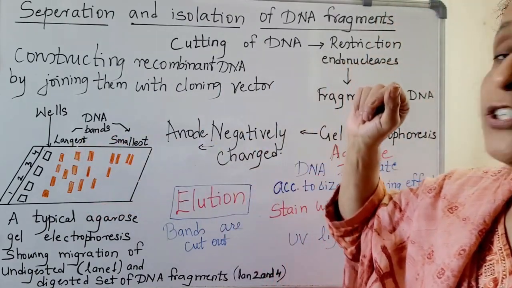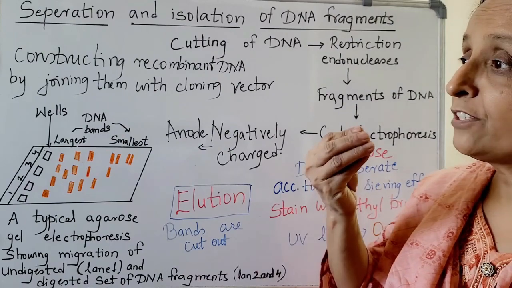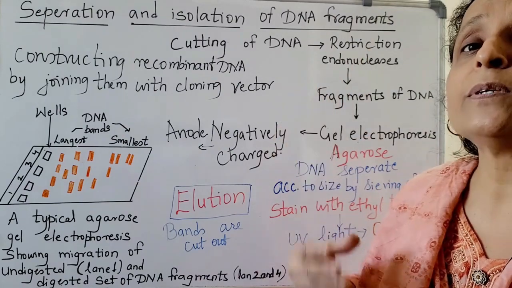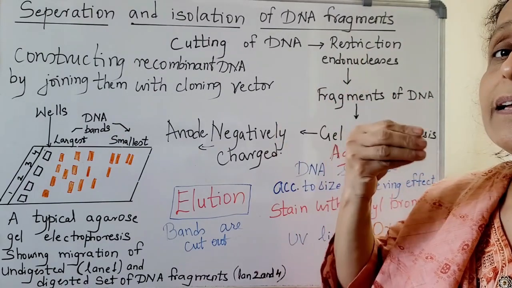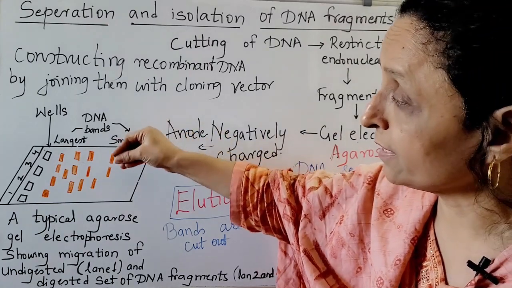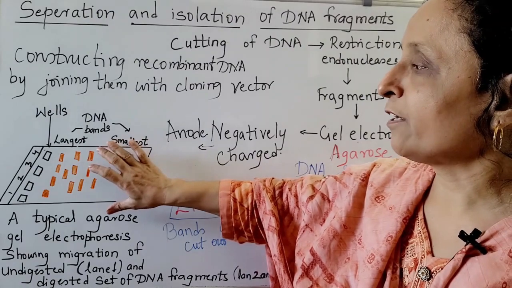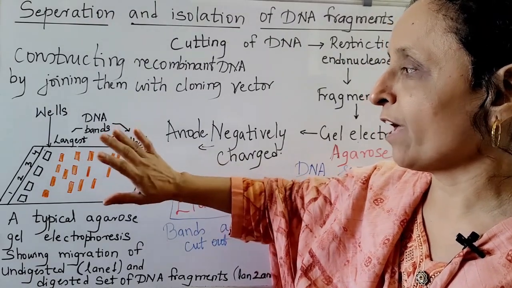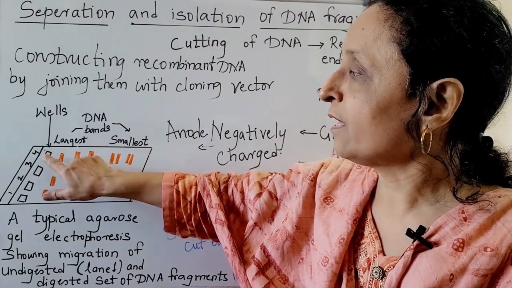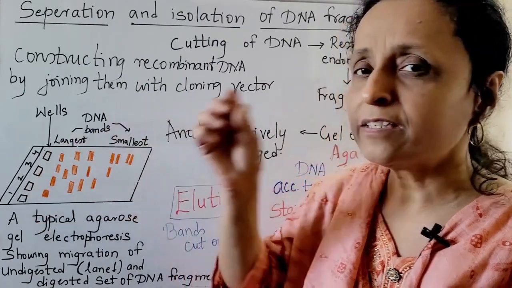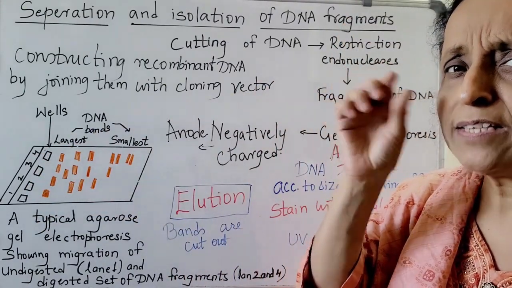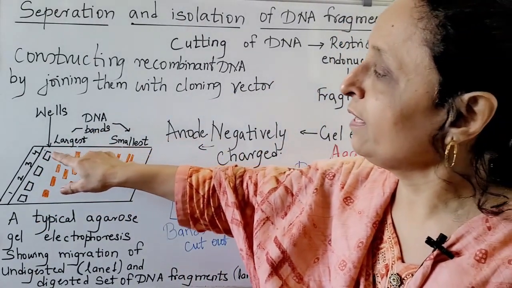It's a natural polysaccharide, a natural substance which helps in spreading the DNA out. So here is the matrix which is made up of agarose. Here there are wells, some small tiny spaces where you put the DNA.